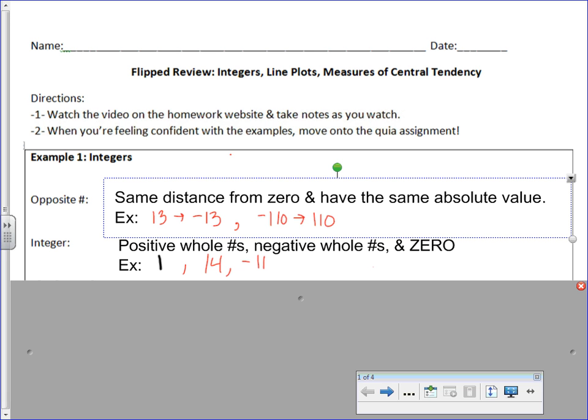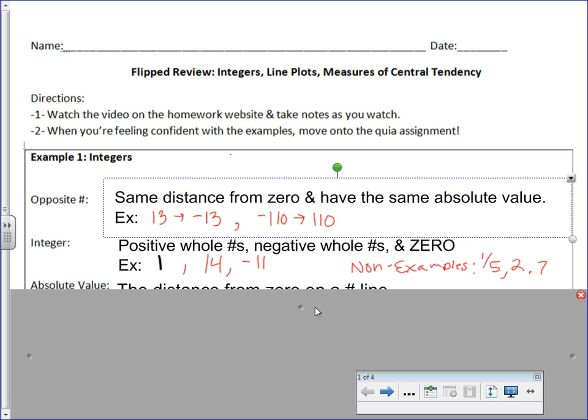And I'm also going to include some non-examples. Some non-examples might be like 1/5 or 2.7, so decimals and fractions. Now let's move on to the next.